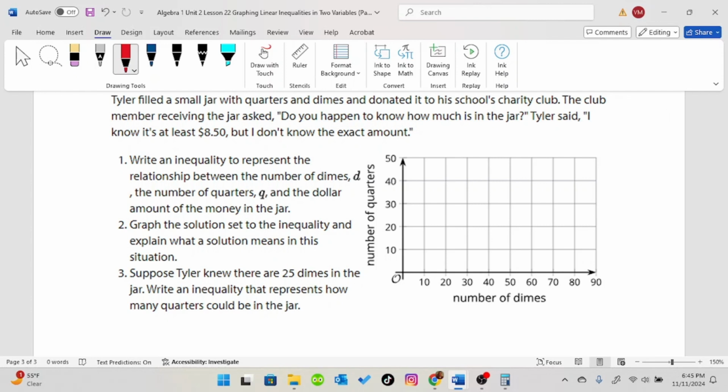So, first we have dimes, and the number of dimes is going to be represented by D. Well, dimes are worth 10 cents, so we have 0.1D. Next, we have quarters.